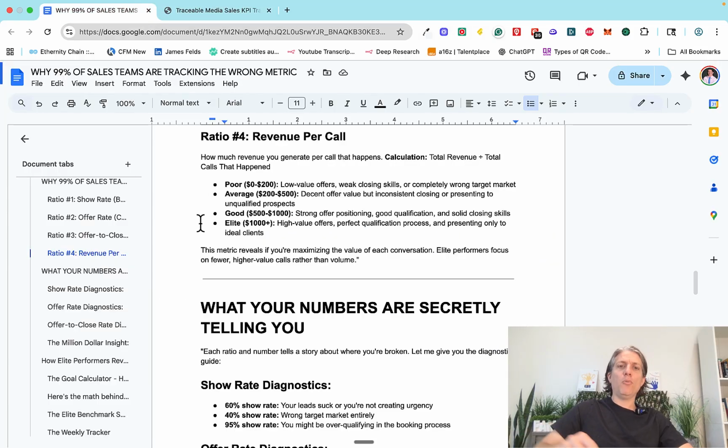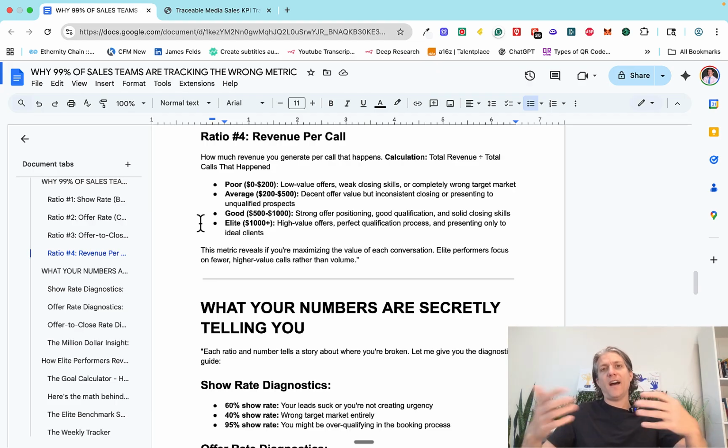So poor, average, good, elite. Poor, 0 to 200: low value offers, weak closing skills, or completely wrong target market. Average, 200 to 500: decent offer value, but perhaps inconsistent closing or presenting to unqualified prospects. Good: strong offer positioning, good qualification, and solid closing skills. This is where we want to be.